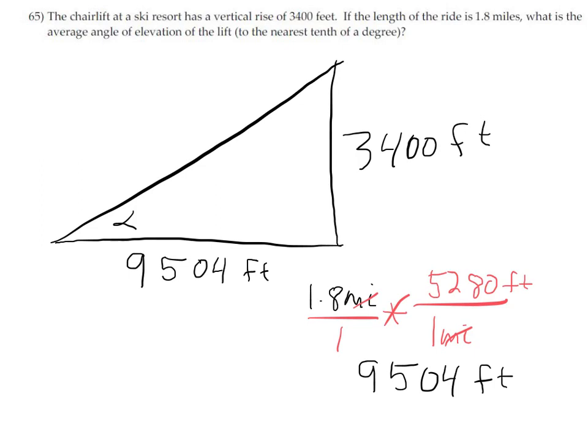Okay, so now that we have this, we can ask ourselves, from this alpha's perspective, and again, angle of elevation, how far would you have to tilt your head up to see the top? From that perspective, what trig function uses opposite and adjacent? And that would be tangent. So we would set up tangent alpha equals 3,400 divided by 9,504.